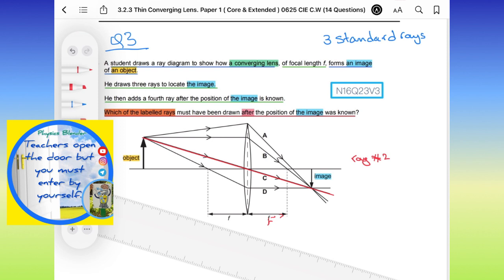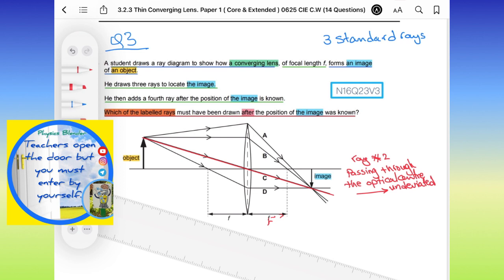So passing through the optical center, what happens? It will be undeviated.